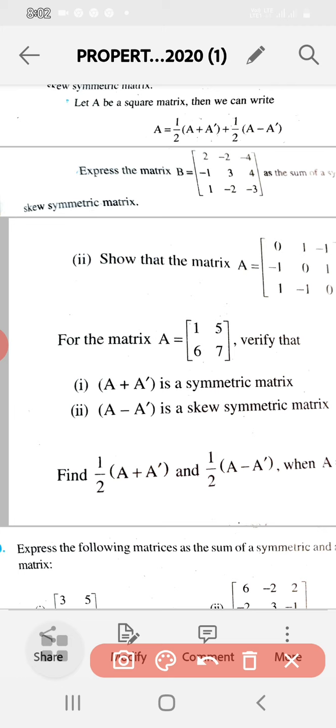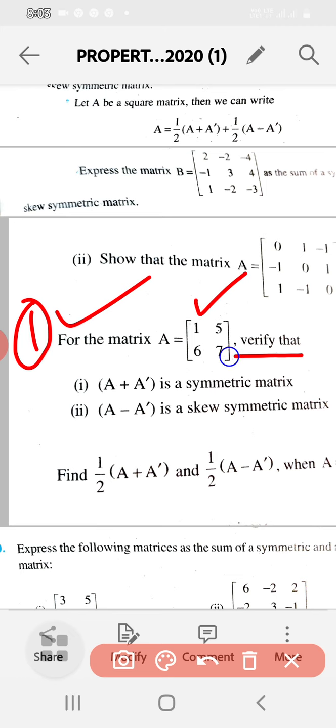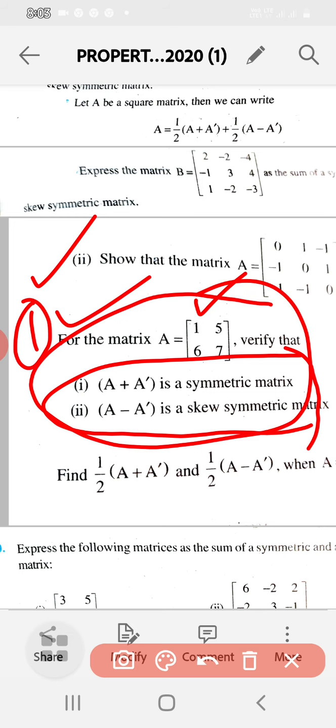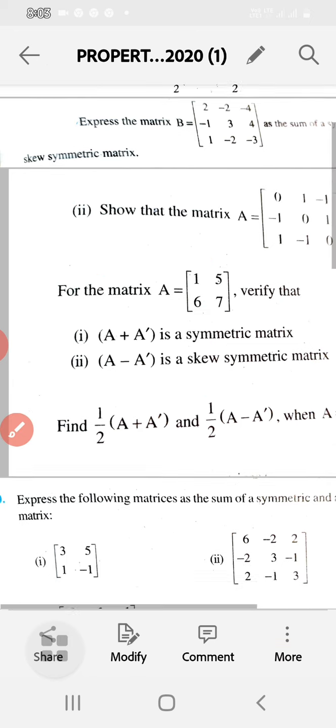First let us work out this problem here. For the matrix A equal to 1, 5, 6, 7, verify that A plus A dash is a symmetric matrix and A minus A dash is a skew symmetric matrix. Let us give this number 1. So the given matrix is 1, 5, 6, 7.